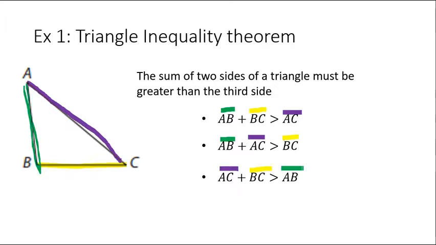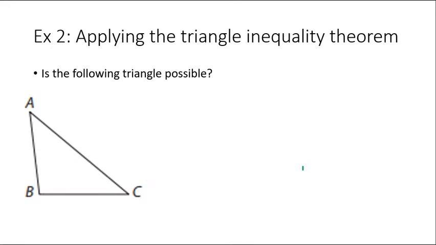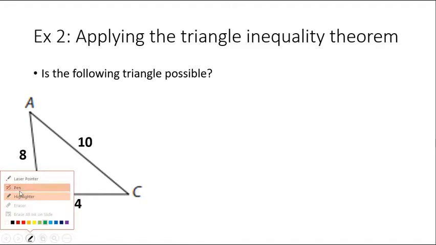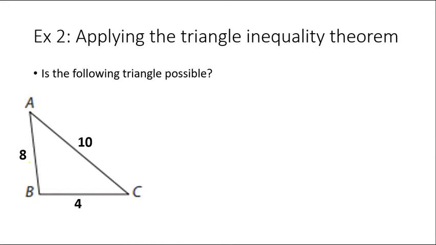Okay, so let's apply this to the next example. It's example 2. This is applying the triangle inequality theorem. So they're asking you, is the following triangle possible? So there's your triangle, and here's the possible side lengths. So we have 8, 4, and 10. So what we need to do first is just take two of the sides.